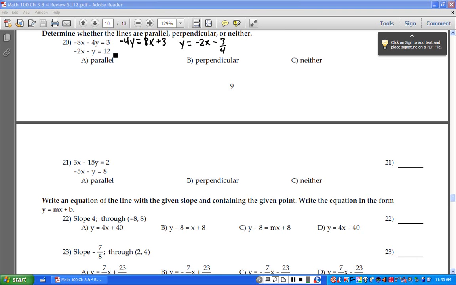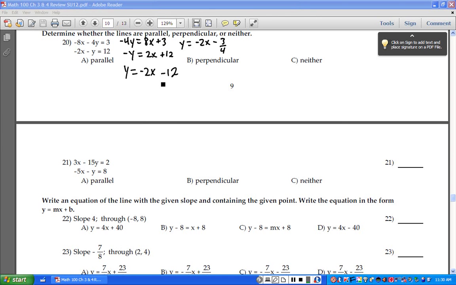Then if we put the second equation in slope-intercept form, you have -y equals 2x plus 12. And I change my signs, because I can't have a -y, I want a positive y, so all my signs will change. And so I end up with y equals -2x minus 12.